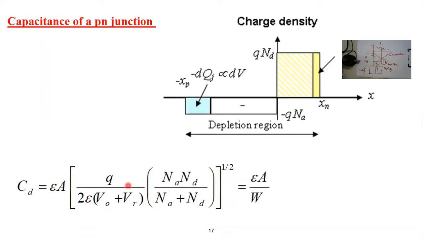So as you can see, this is the capacitance format. If you know this equation, and if W is given, then you can directly substitute by epsilon A over W and get this equation in the way you need to solve your problem. Simply, this is the termination of the PN junction lecture, one of the very important lectures in our course.